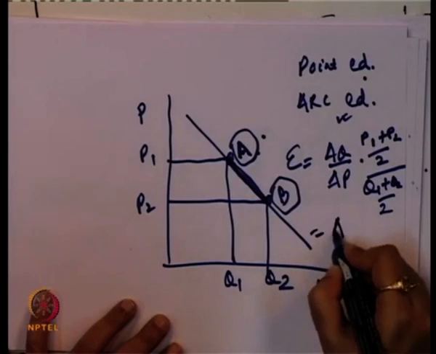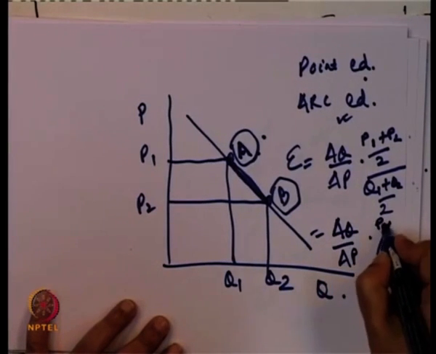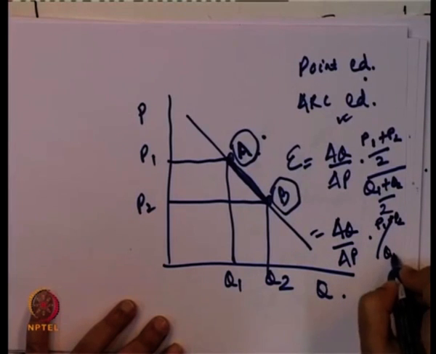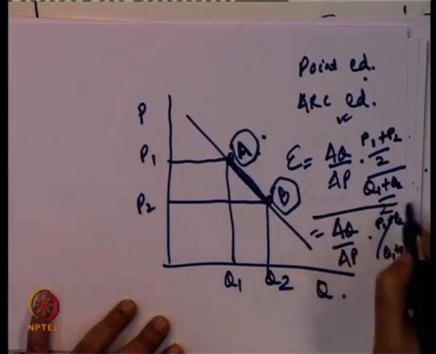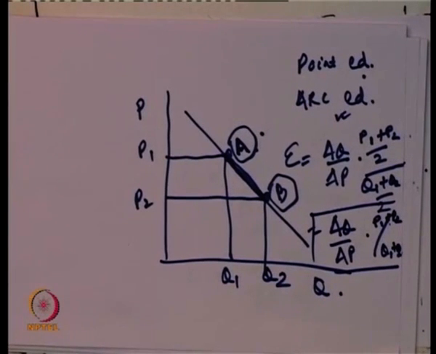So, again if you simplify this, then you get del Q by del P multiplied by P1 plus P2 over Q1 plus Q2. So, this is the case when you calculate the arc elasticity of demand, that is elasticity between 2 points.